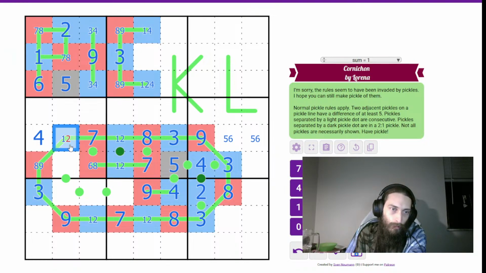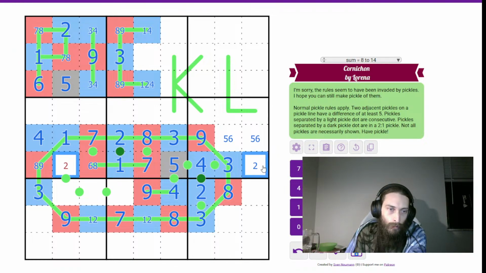So 3 and 4, that's 1. 2 and 1. 2, 6, 8, 9. That's not a 2 nor a 9, so red. 6, 8 makes that a 9. Not a 9, not 6 or 8, so it's 2.